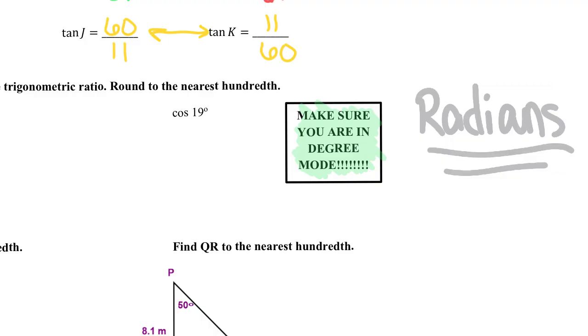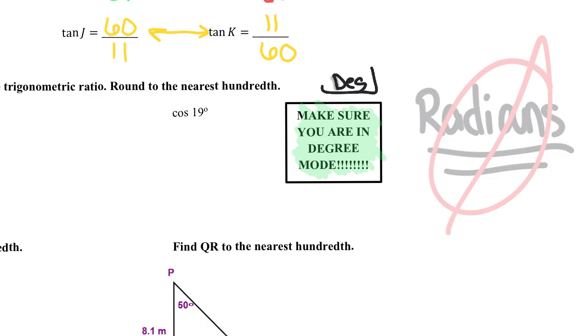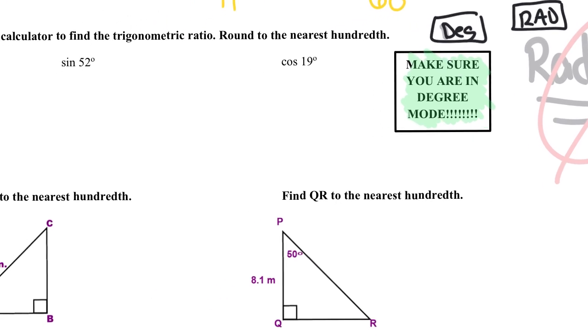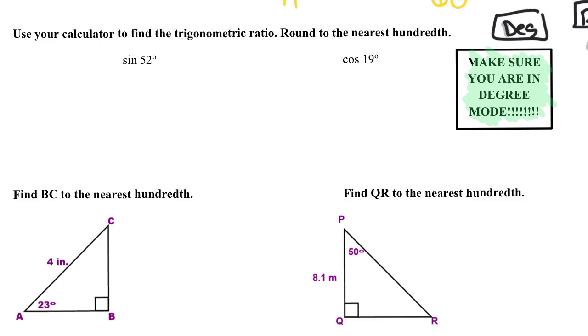So what you typically look for on your calculator is the abbreviation DEG. That will stand for degree, whereas RAD will stand for radians. And again, we don't want radians.